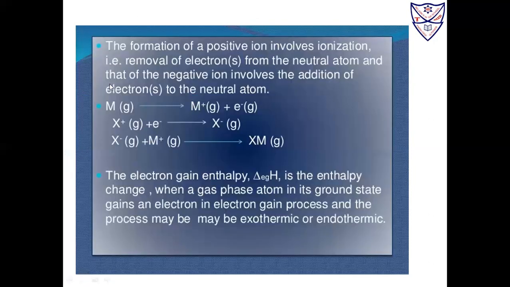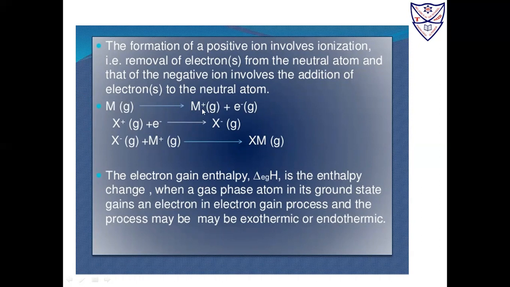See here, they have taken the example of a metal: metal gives metal plus and electrons. Understood? See here, X plus electron gives X minus over here. So this is the formation of the positive ion. How it was 2, 8, 1 and 1 electron is donated. So as it is donating, it's a positive ion.